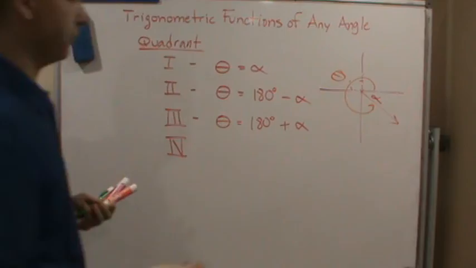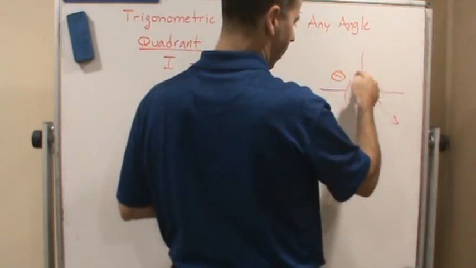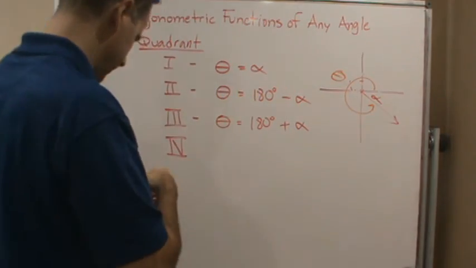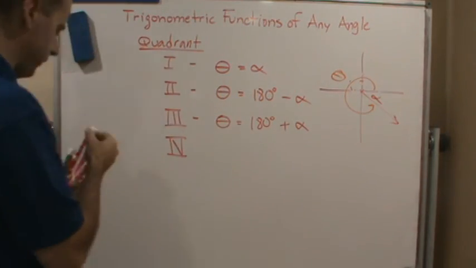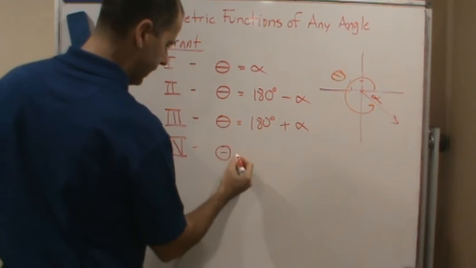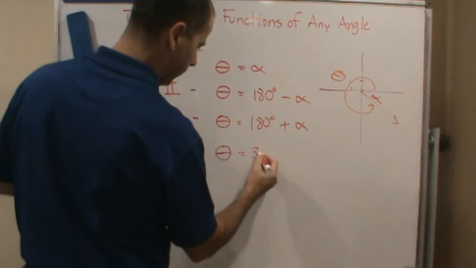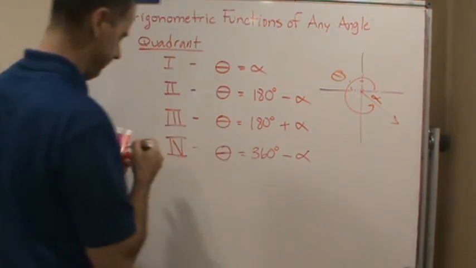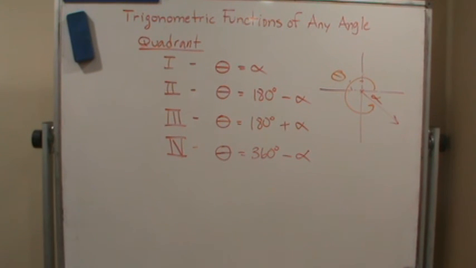Well, it's just going to be a whole revolution, which is 360 degrees minus alpha. I think I alluded to this in a previous video, but I didn't really come out and say it. Theta, our required angle, is just going to be 360 minus alpha. So there are the convenient formulas we can use to find the required angle. Now we're going to go ahead and do some examples and see how we can use these.